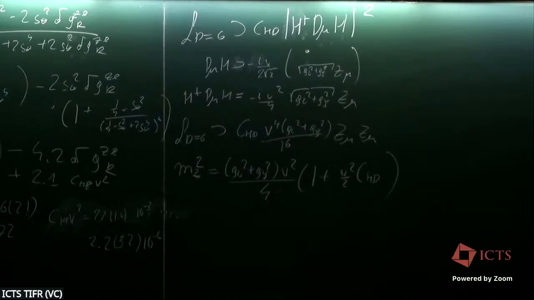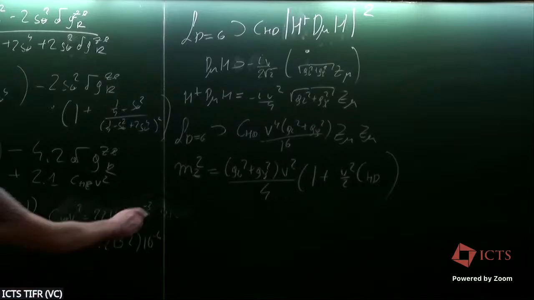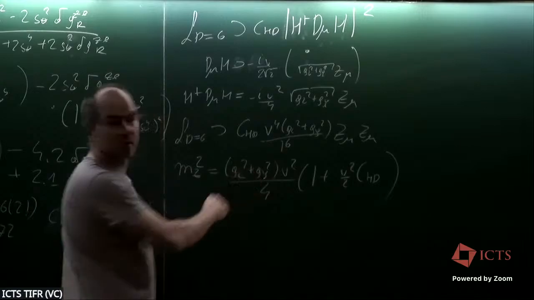So one thing that you're not allowed to do is use the measurement of mz, for example, here, and then try to constrain CHD from that measurement, because that measurement is used to determine the electroweak couplings.